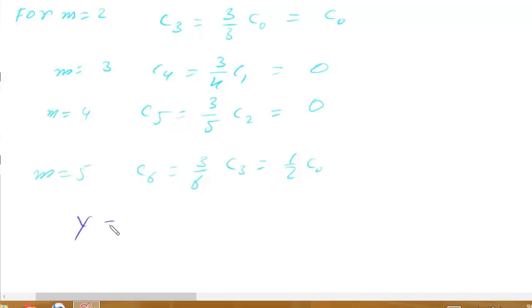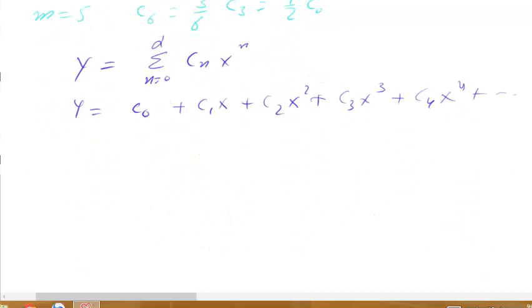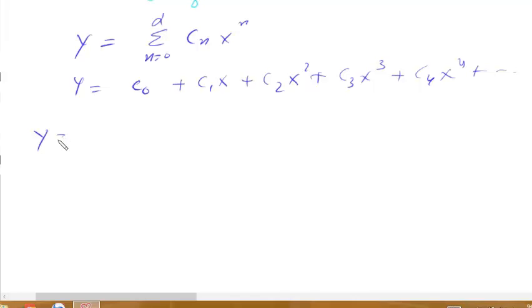the solution we will consider is the sum from n is equal to 0 to infinity of cn x to the power n. Then this is c naught plus c1 x plus c2 x square plus c3 x cube plus c4 x to the power 4, and so on. Then we put the values of c1, c2, c3, c4 and so on.